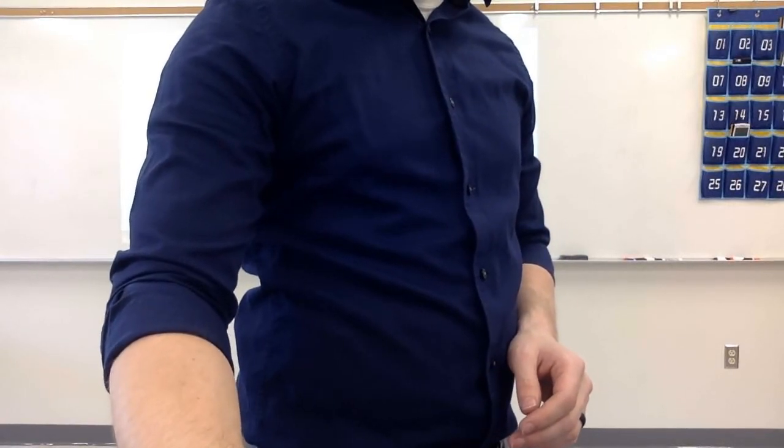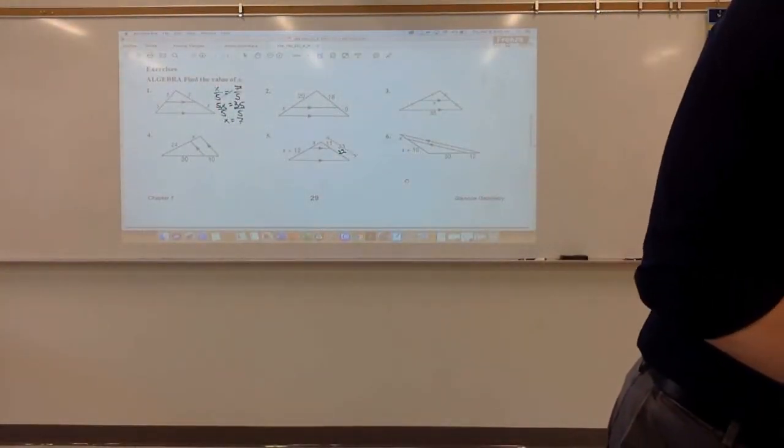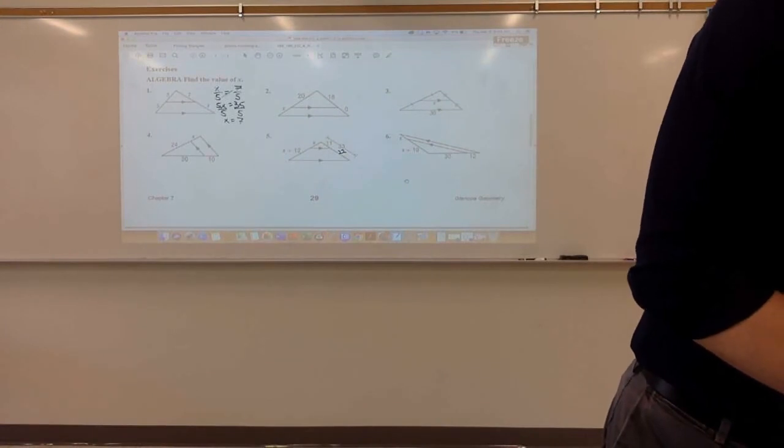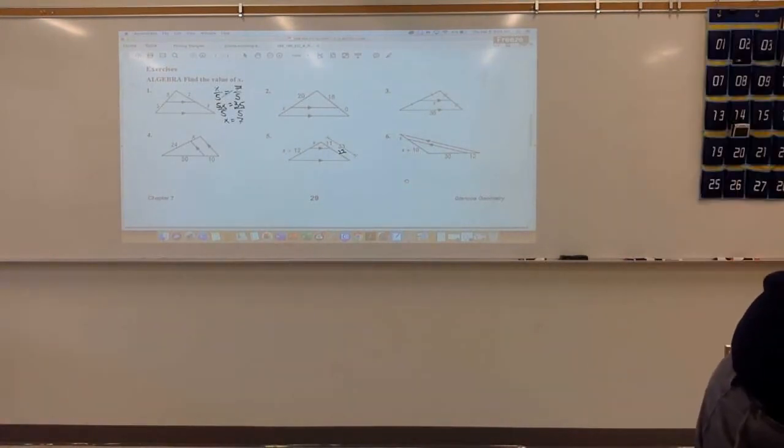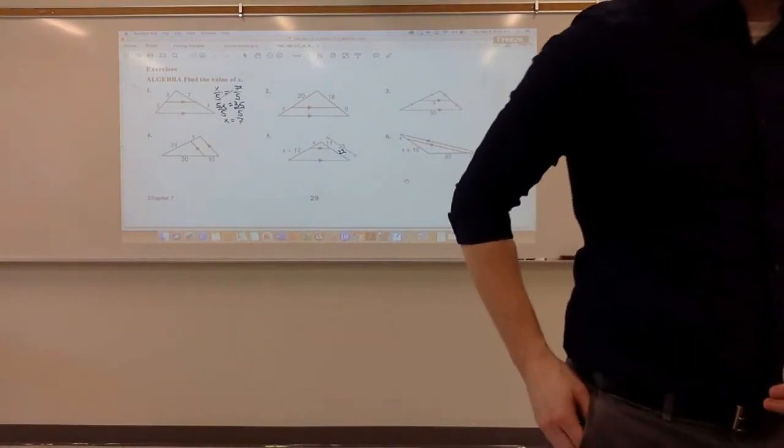So it would be 9x equals 132. Oh, wait a minute. This would be 22, right? So if we do 33 minus 11, that would be 22 for that piece. Oh, I wrote 20, my bad.